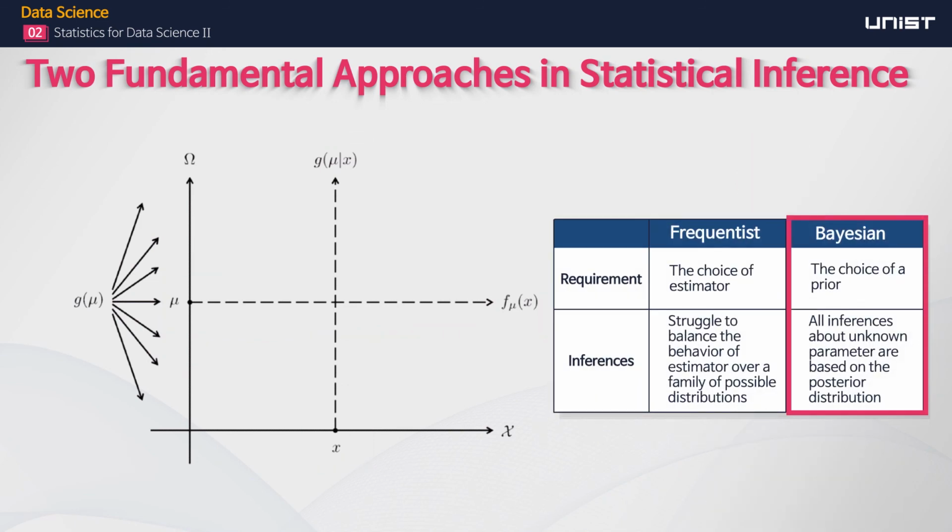Bayesian inference requires a prior distribution g over mu, while frequentism replaces the choice of prior with a choice of method, algorithm, or estimator.